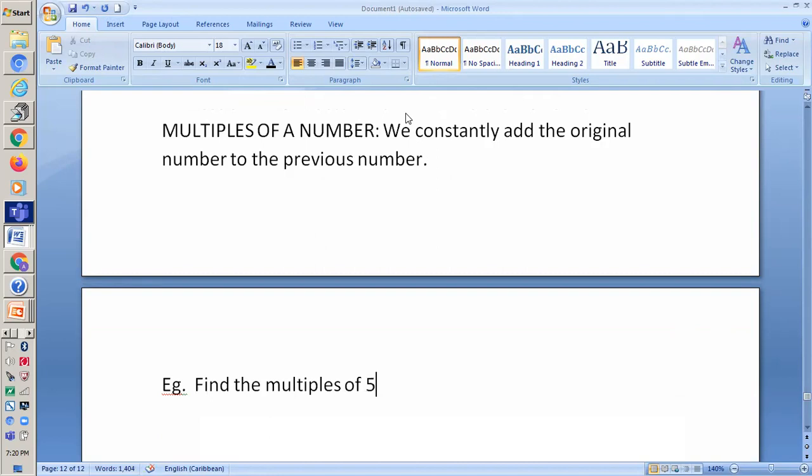It would be 5, 10, 15, 20, 25, etc. So you keep on adding the same number. All right, so this is pretty straightforward. That's how you find the multiples of a number.